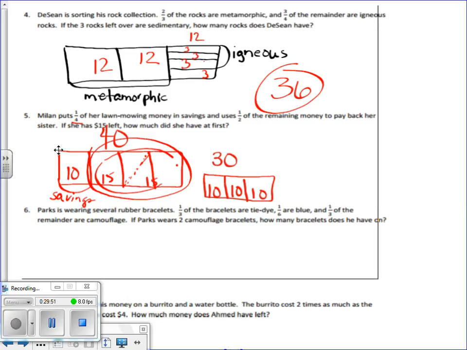So 15 was here, 15 was here, 15 and 15 is 30. And so you had 1, 2, 3 sections. You have 30. Each one is 10. So 10 and 10 and 10, and then your one that was here is 10. All together is 40. You had $40.